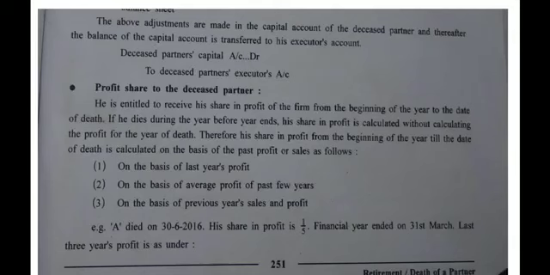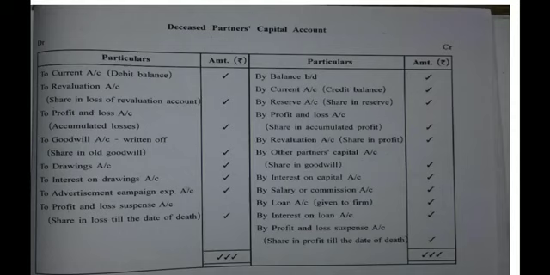The very first thing on credit side, it is by balance brought down. This is the amount of capital, the opening balance of capital of a partner. This is provided to you in an old balance sheet in the given question.